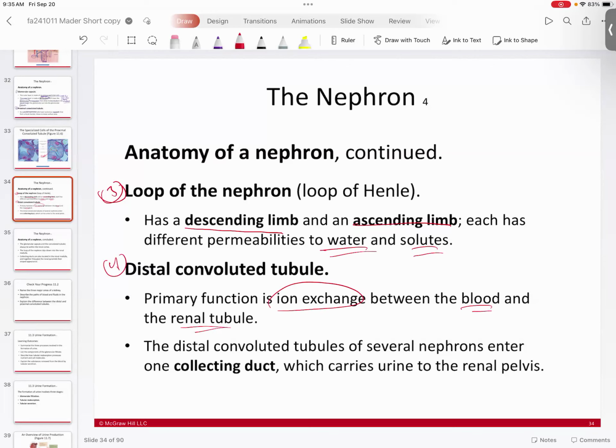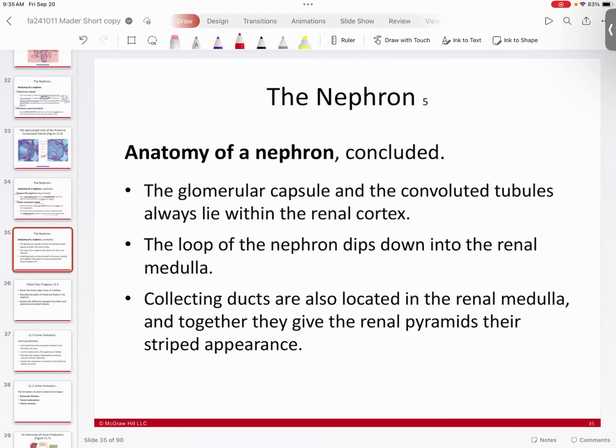This then will dump its contents into the collecting duct, which then will carry it to the renal pelvis for elimination. So the glomerular capsule and the convoluted tubules basically are within the renal cortex.